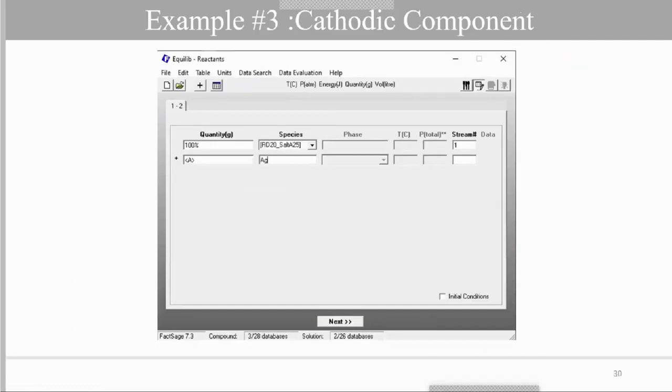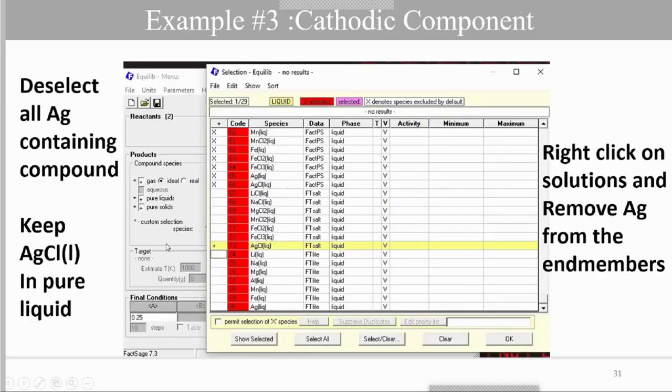This example is a bit simpler in terms of reactants. All we have is silver, instead of silver chloride, and we put the salt. We do the same thing as before: for all the silver-containing compounds, in the pure liquids we keep the silver chloride compound, and in the solution we remove all the silver end members.